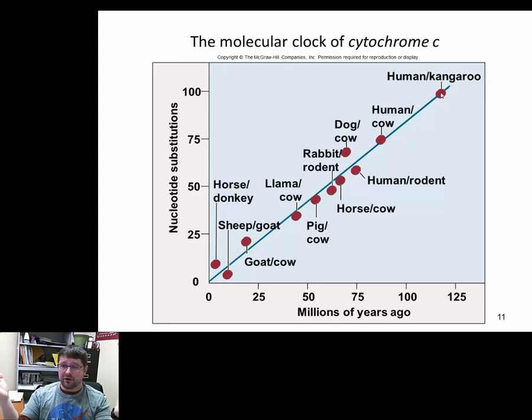Well, that's about 150, 130 million years ago, based on geological evidence. So that's fairly fitting, in that humans and kangaroos shared that ancestral cytochrome C about 125, 120 million years ago. Now, realize that humans are not 120 million years old, and neither are kangaroos. So this is an ancestor that would have been shared between these two groups that would have this cytochrome C.